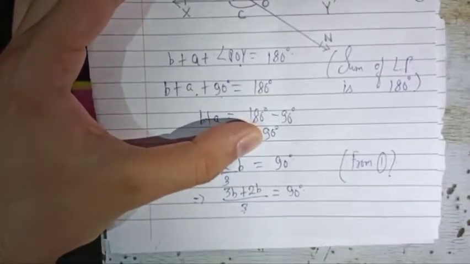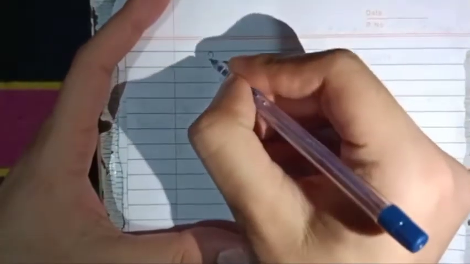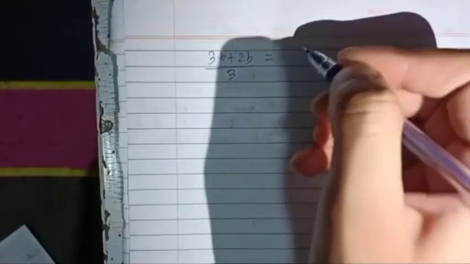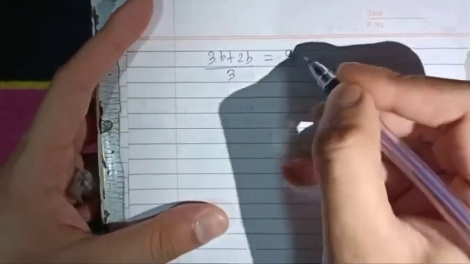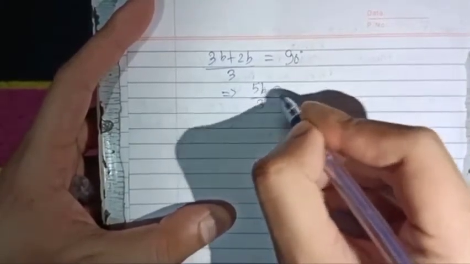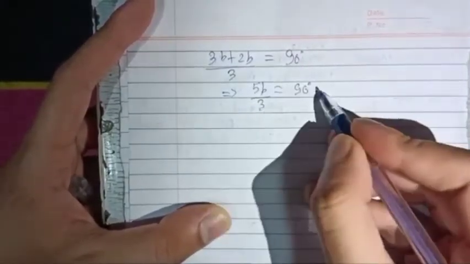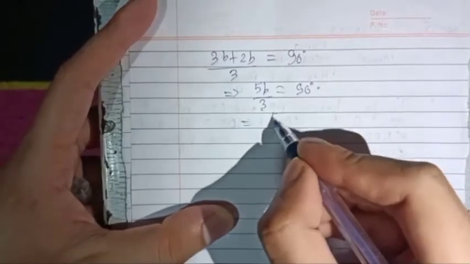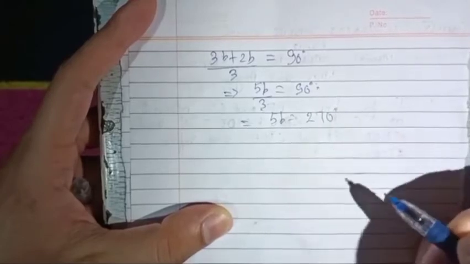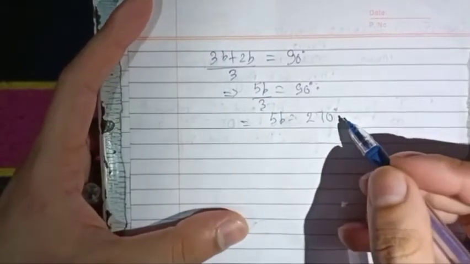Now 3B plus 2B will become 5B upon 3 equal to 90 degrees. 3 will multiply on the right hand side, so 5B is equal to 90 into 3, which is 270.